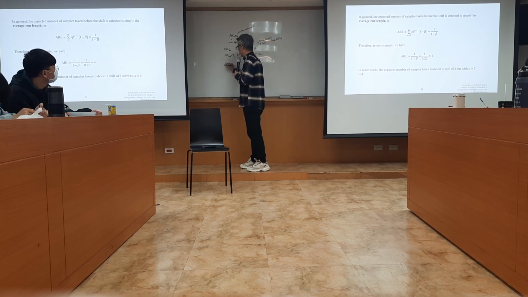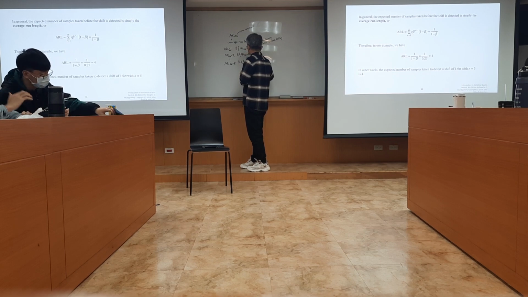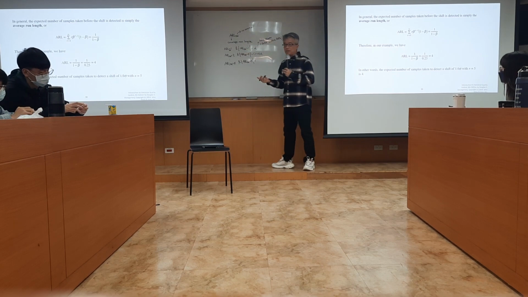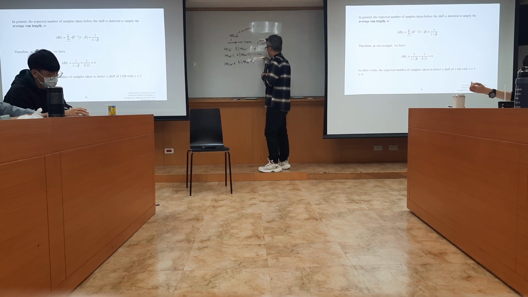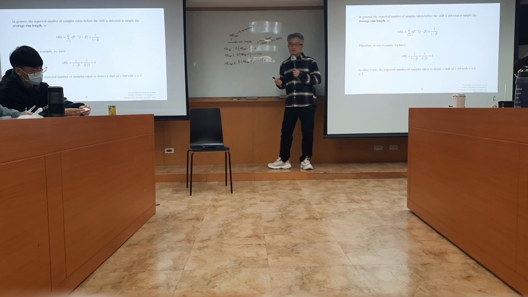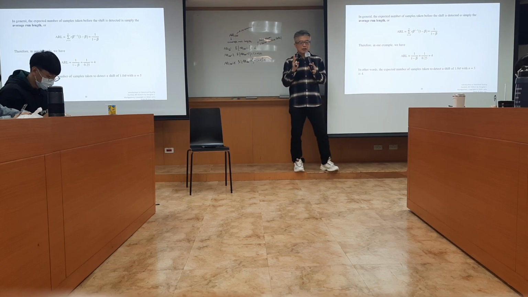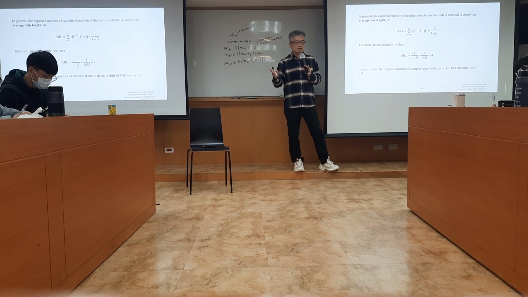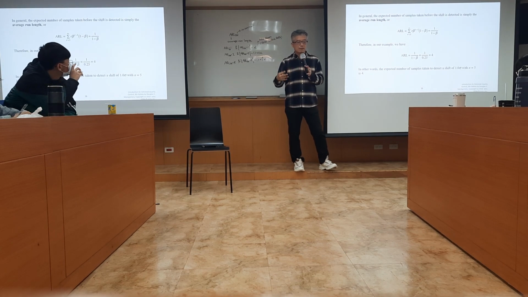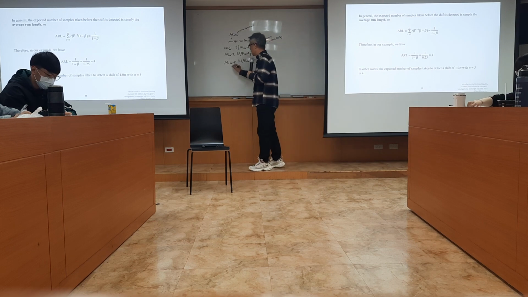So the probability that ARL equals k is that the first k minus 1 points are in control, still within the limit, and the k-th point falls outside the control limit. So the probability is alpha, like this.